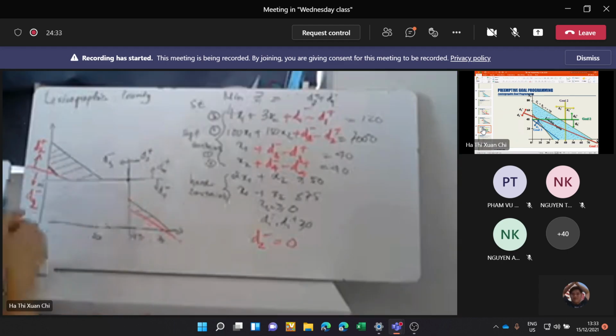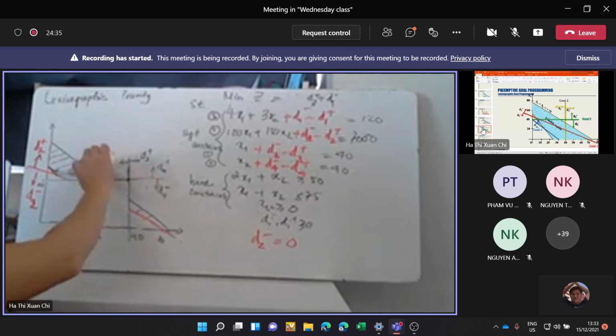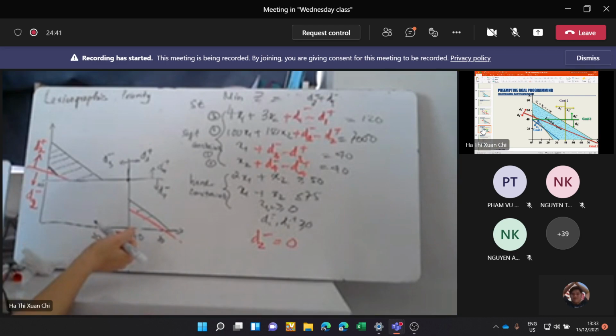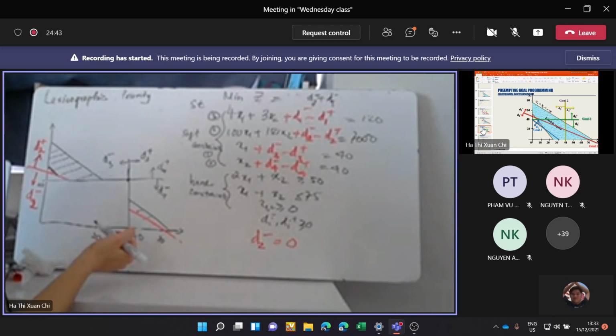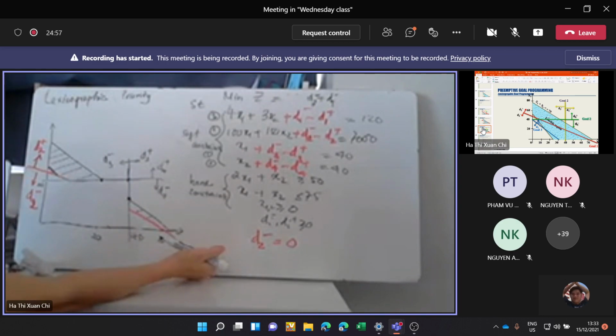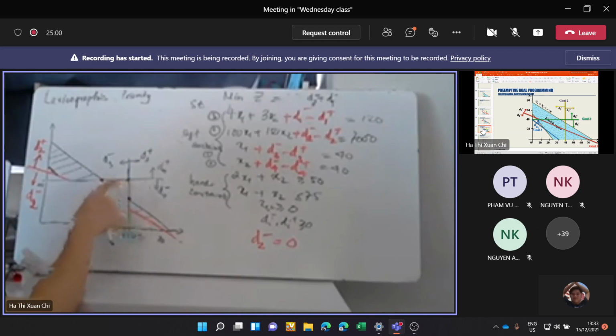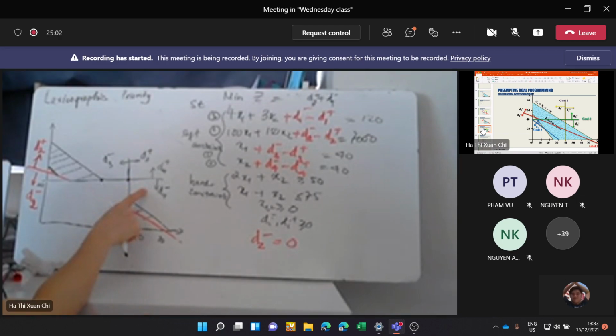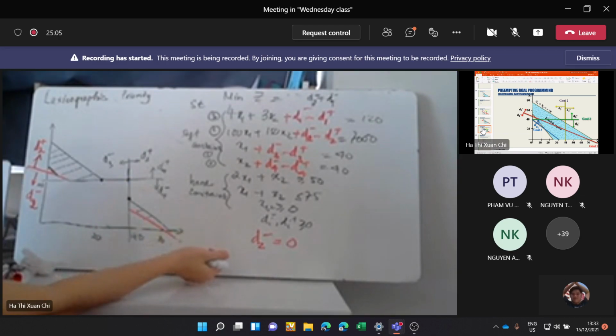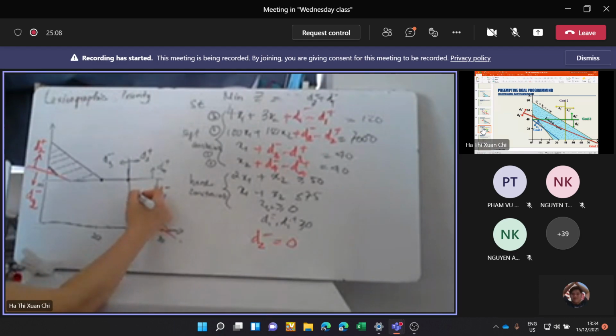D3 on this side is D3 plus, D4 plus this side. Okay. So right now we have this point and this point. We consider this point and this point, which one is closer to this one? Because actually that is already outside the feasible region. But in here you can see that we can have them.